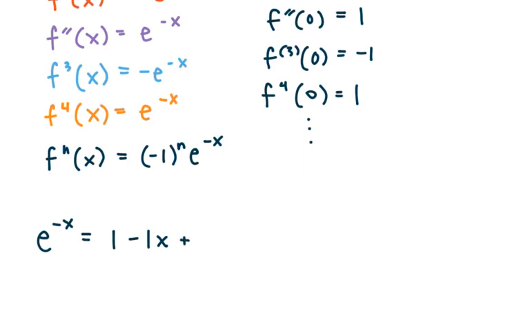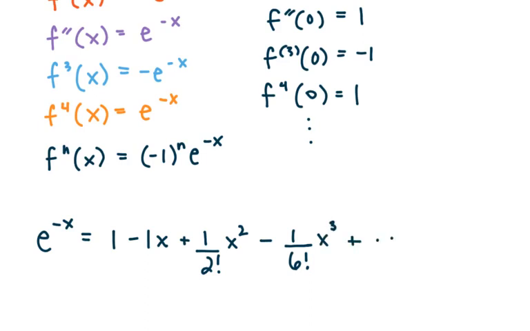Then we'll get a positive 1, and that is my second derivative, which is positive 1 over 2 factorial x squared, minus, for my third derivative, 1 over 3 factorial x cubed.